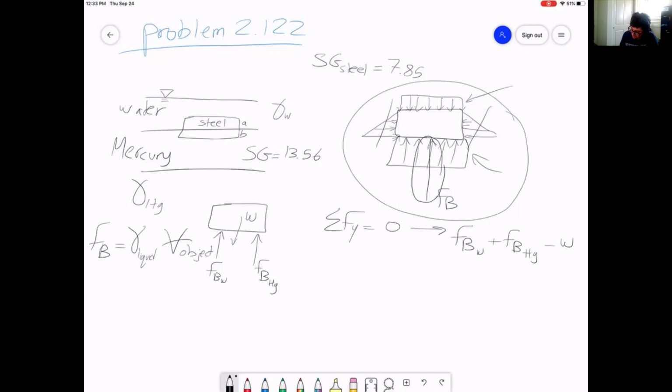Okay, so let's write the equation here: FBW plus FBHG minus the weight. What is FBW in this case, following this formula? Would it just be gamma water times the volume? What was the width?